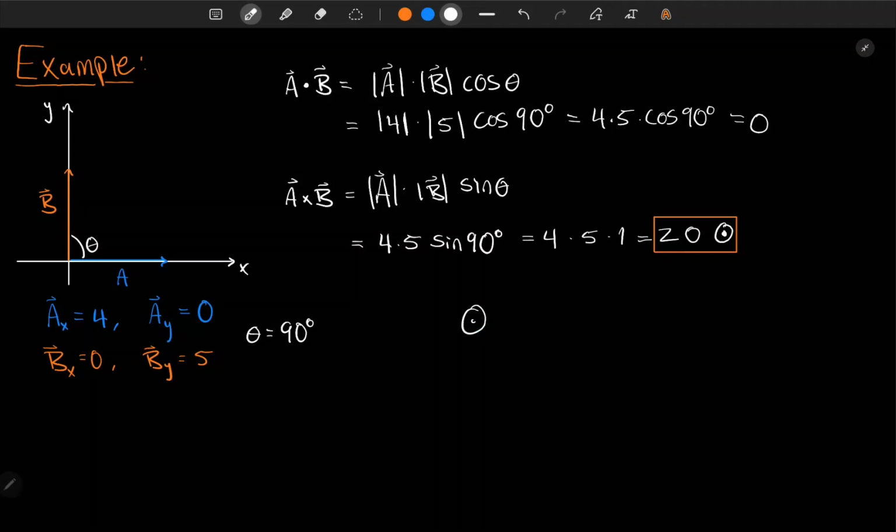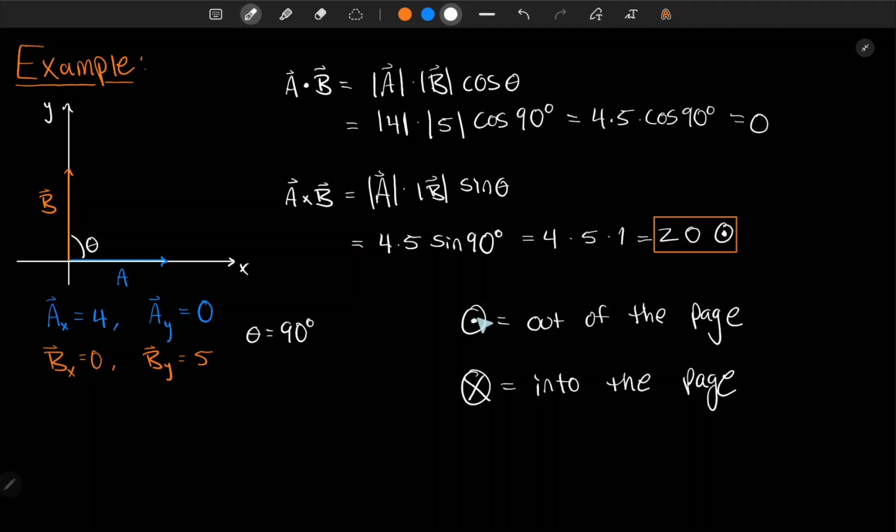So firstly, this symbol means out of the page, and this is often used on the MCAT, and this symbol means into the page.